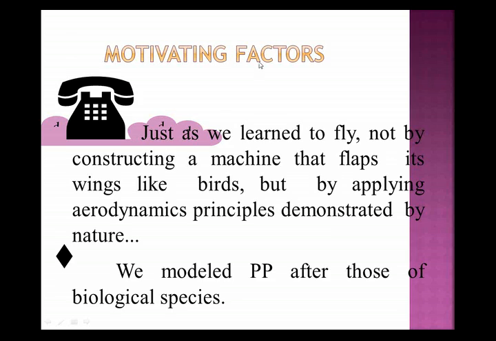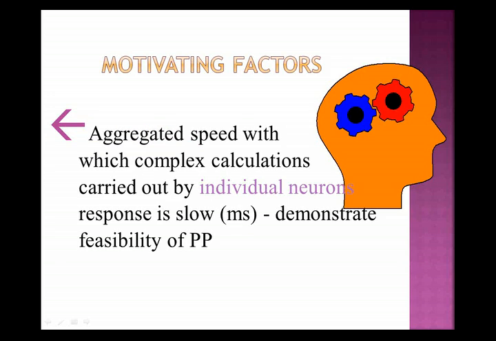Now what is the motivating factor? Just as we learned to fly not by constructing a machine that flaps its wings like the birds, but by applying the aerodynamic principles demonstrated by nature, we modeled parallel processing after those of biological species.